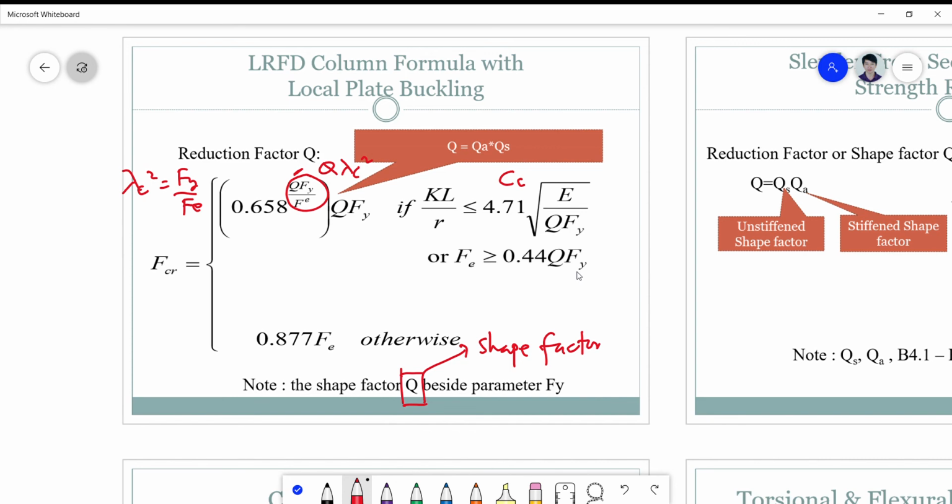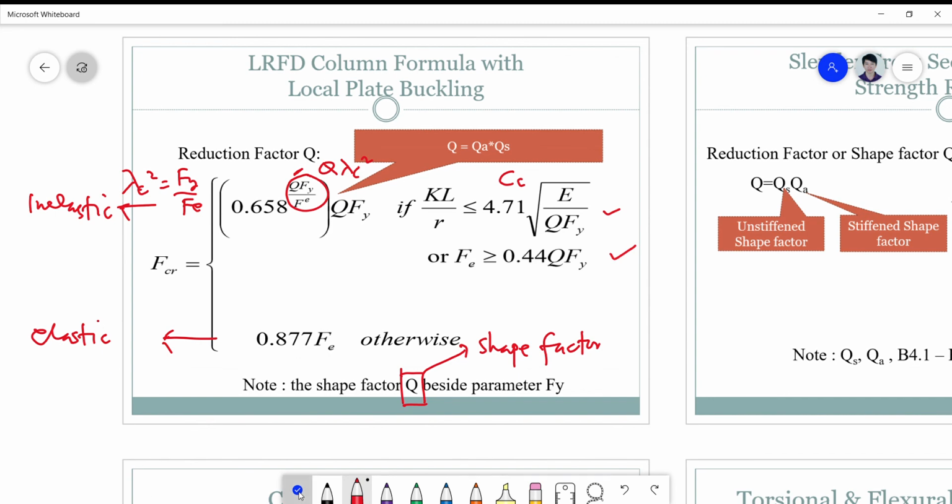Okay, so you can compare this as your basis for your inelastic buckling, and this is for your elastic buckling.